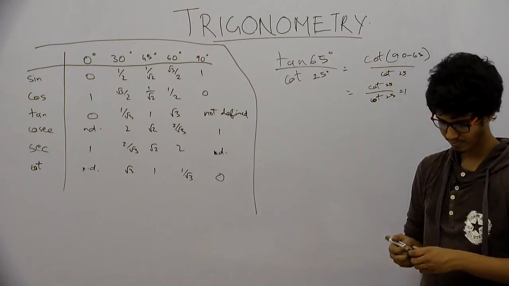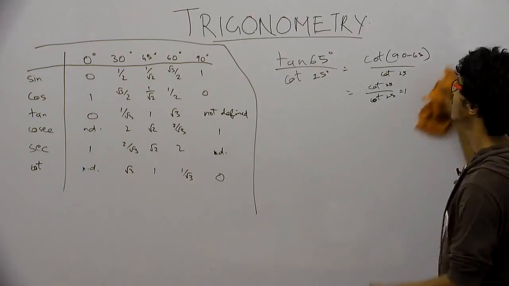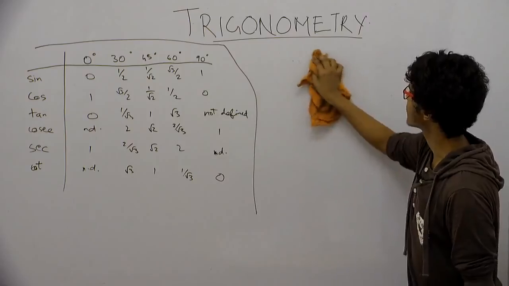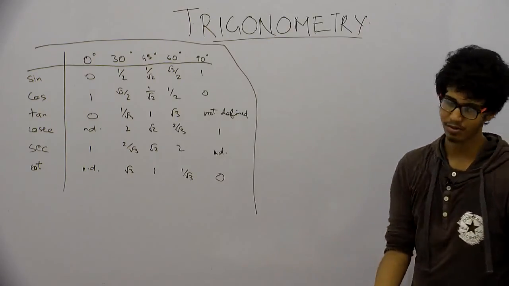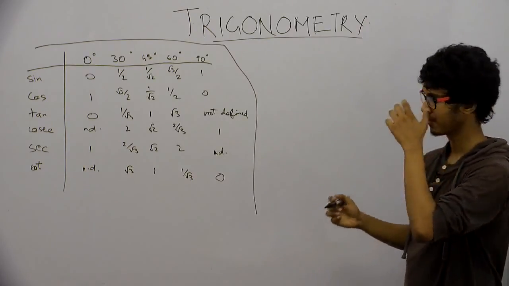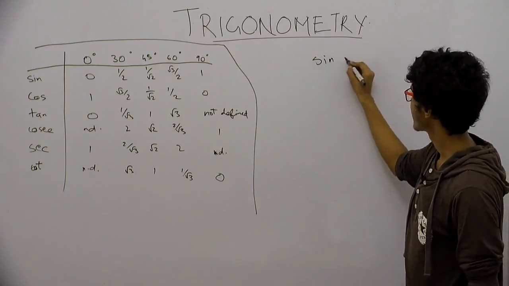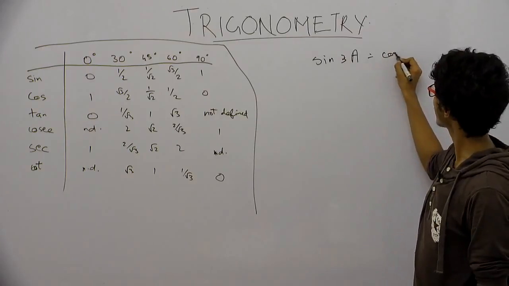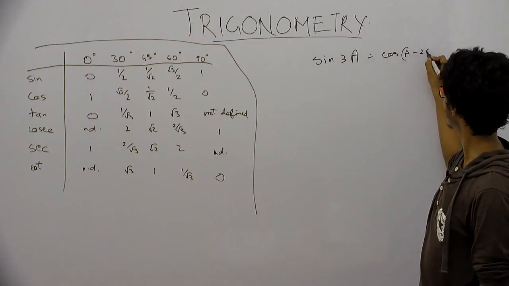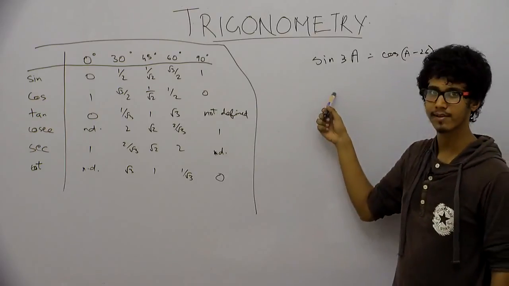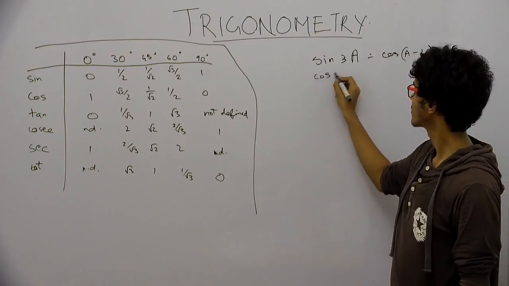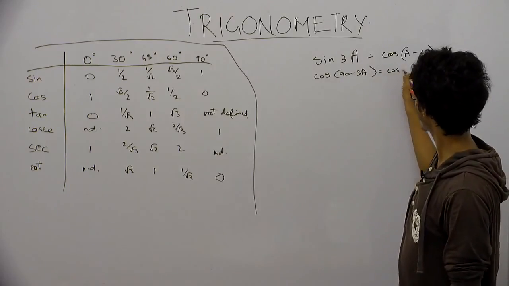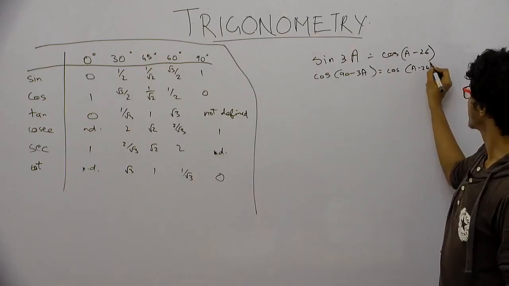Okay, let's say we are given an equation in terms of sine and cos, and we have to find the angle, like sine 3a equals cos of a minus 26. Again, sine of something equals cos of 90 minus that. So cos of 90 minus 3a equals cos of a minus 26.